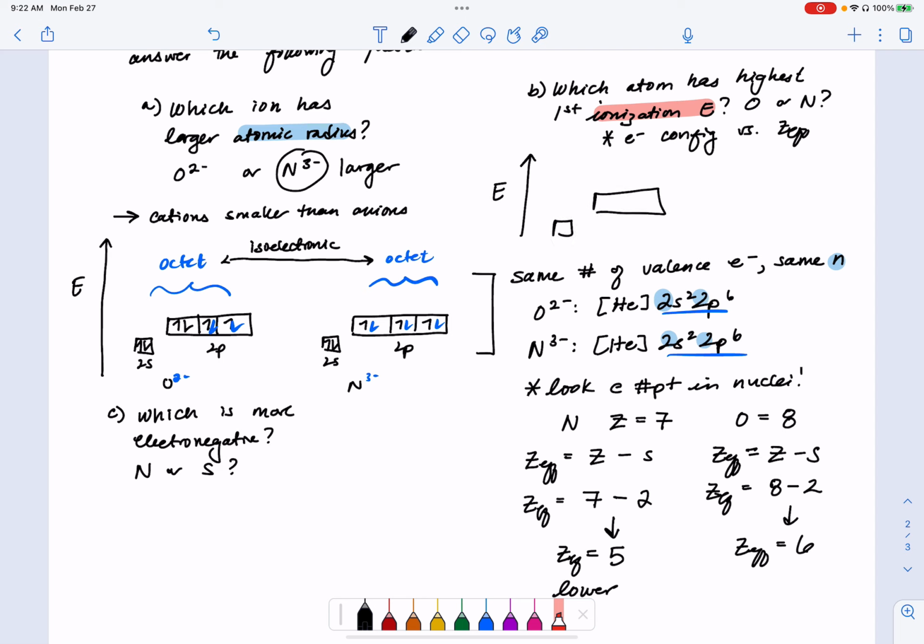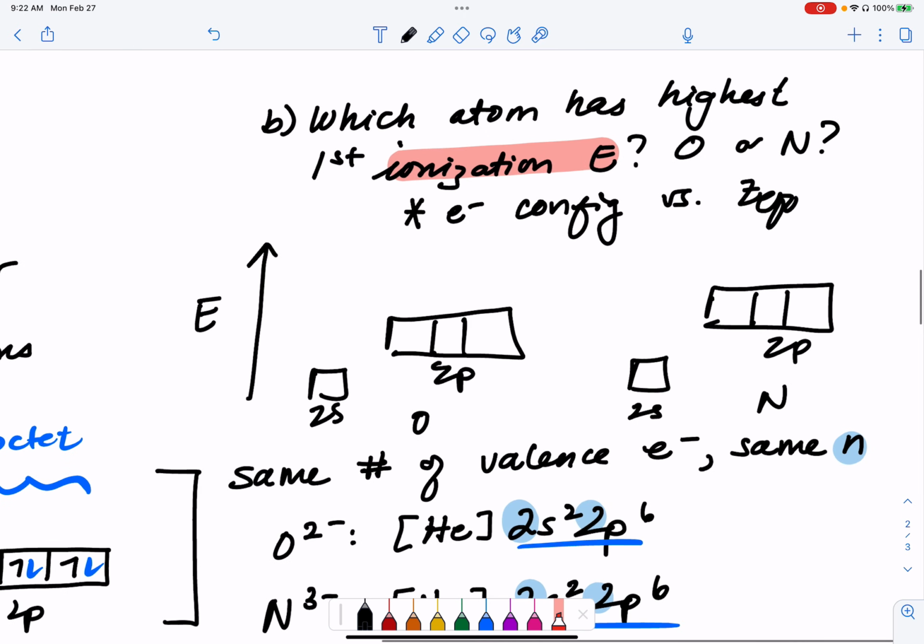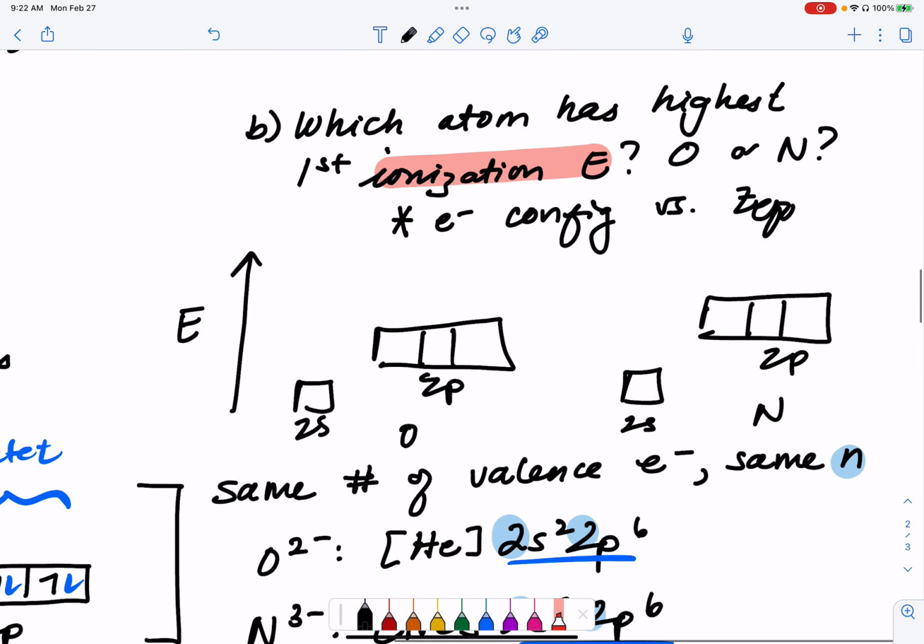So let's look back at our orbital diagrams, and now we're going to be looking at nitrogen and oxygen unionized. So 2s, 2p, 2s, 2p. The electron configuration of oxygen is 2s2, 2p1, 2, 3, 4.